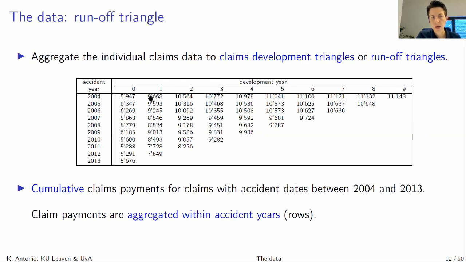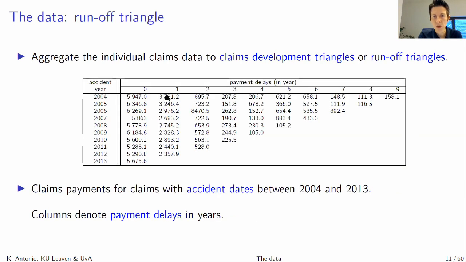If I look at a cell in a specific row, the number I find there is the amount of money that I paid up to this development year for all the claims that happened in a specific accident year. So that's my cumulative view: this is what I paid so far for all the claims that happened in a specific accident year.